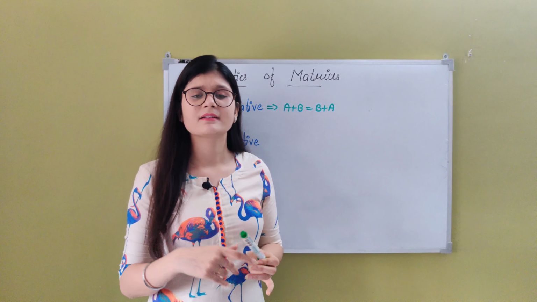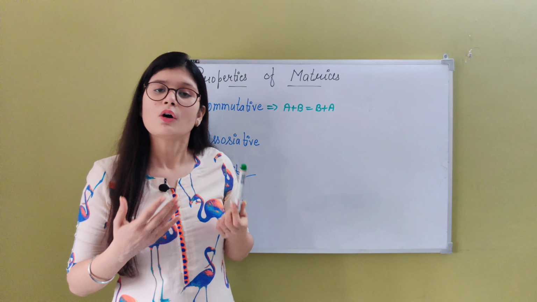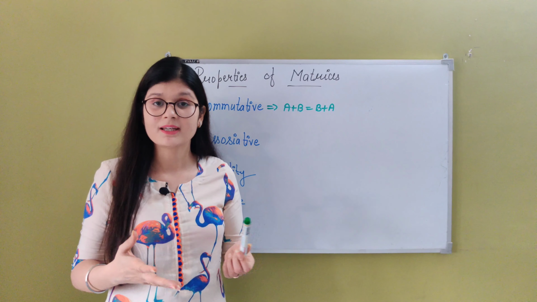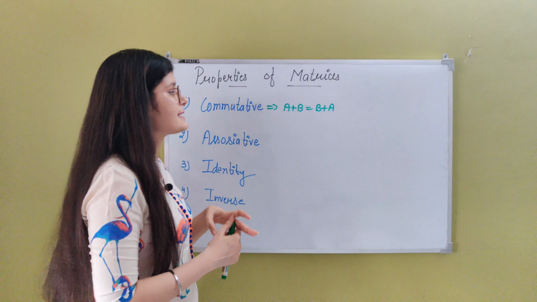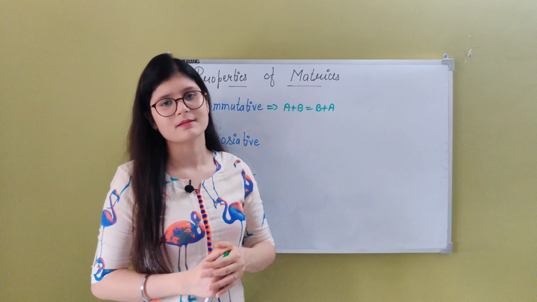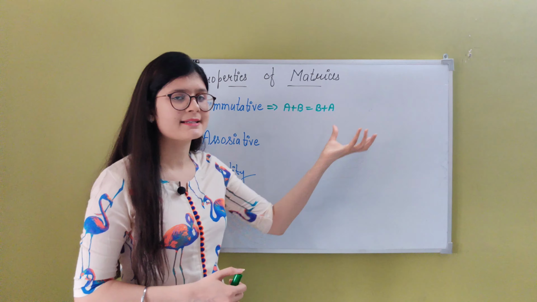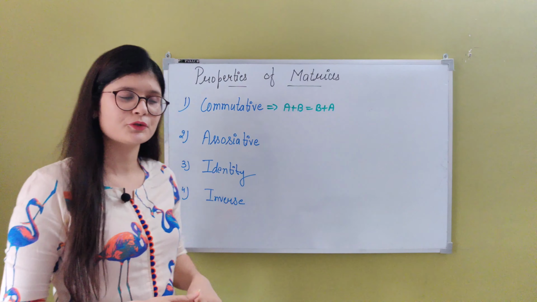I think you have done it with real numbers as well. If you do 2 plus 1 or 1 plus 2, it gives you the same answer, right? And the same property follows in matrices as well, that is, a plus b is equal to b plus a. How we are going to add, subtract, multiply and find the inverse we will definitely study in the further tutorial videos.